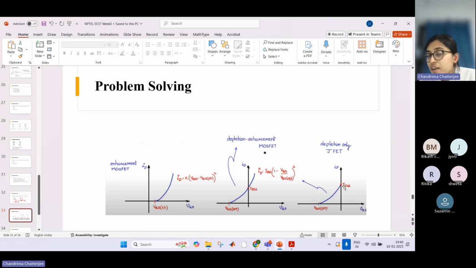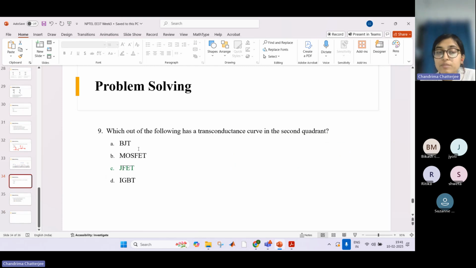And this is called the depletion type because as the gate to source voltage increases, from negative it starts and it goes towards zero voltage, so the carrier concentration actually reduces. So that's why it is called depletion only JFET. So our correct answer would be JFET because only this device has a transconductance curve in the second quadrant.